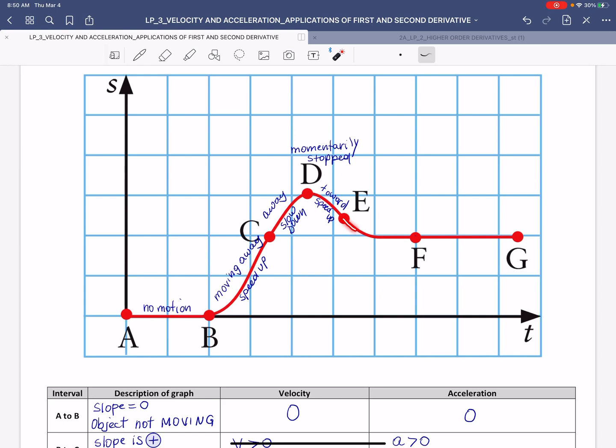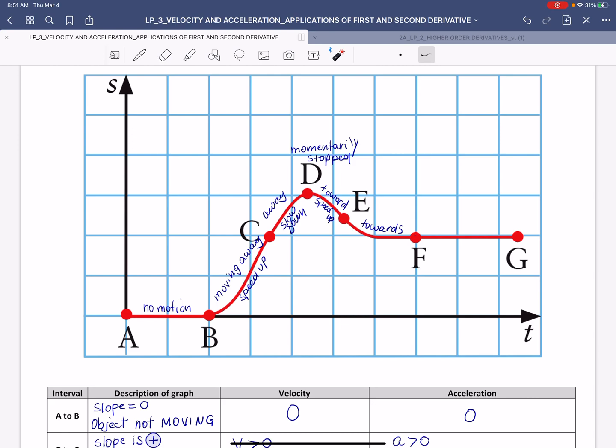And then from point E to point F, the object is still moving towards the initial point or the starting point because the position is decreasing. So from this position here, it becomes this one, all right? So the position is getting smaller. So the object is moving towards the starting point.